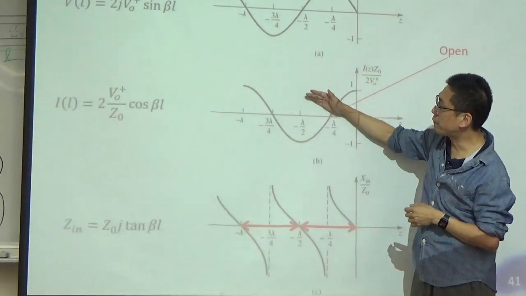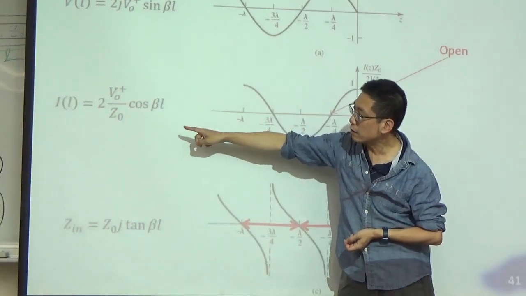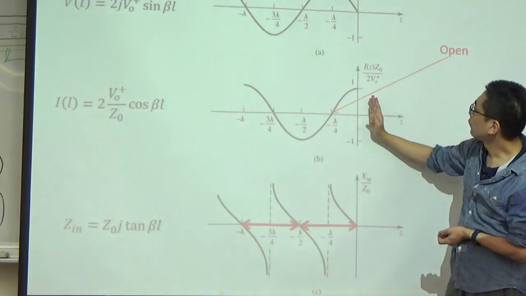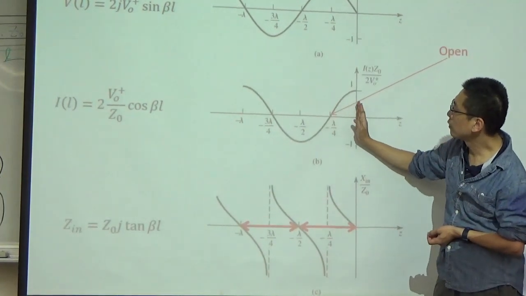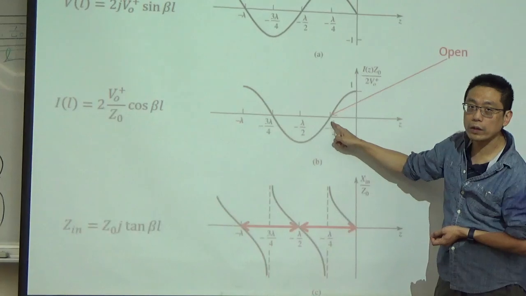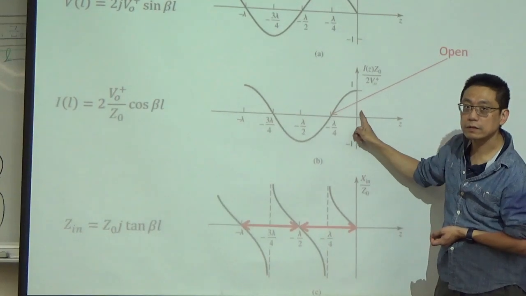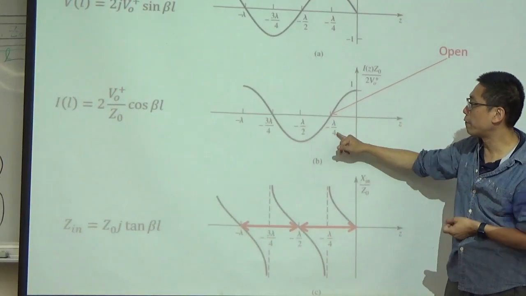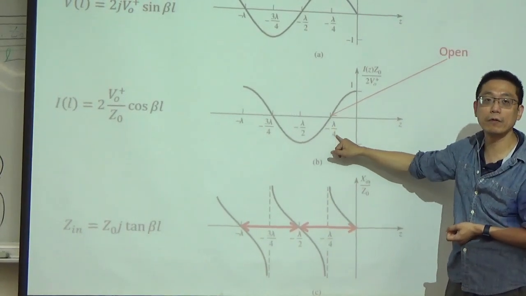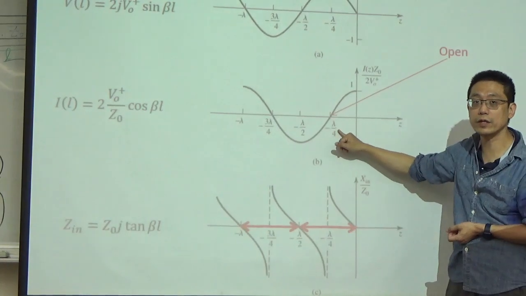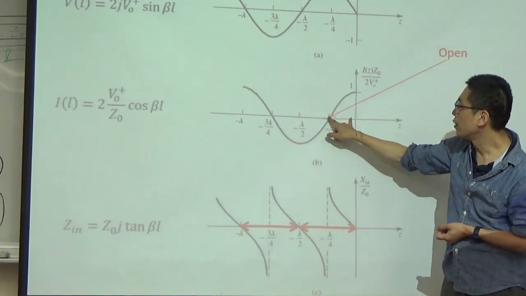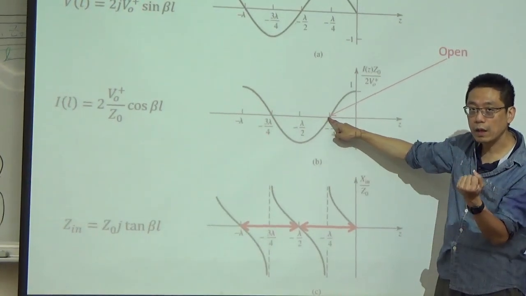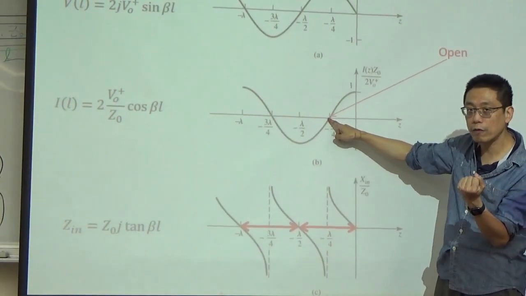You can see from this equation of current, after a quarter wavelength, if your L is lambda over 4, or you say lambda g over 4, it's the same notation, okay? Your current will become 0 at lambda over 4.